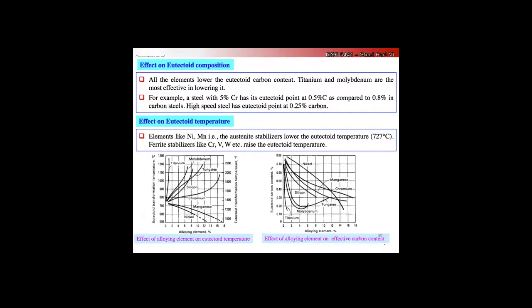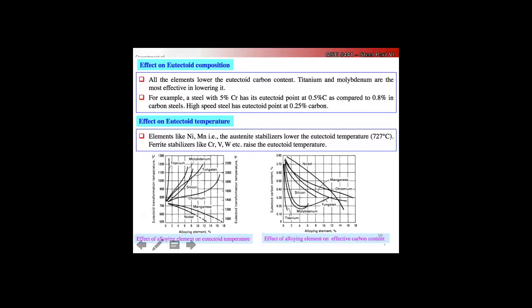So basically, no matter what we put in there, we're going to lower the eutectoid carbon content, right? Titanium and molybdenum are very effective at doing so, right? So for example, if we have 5% chromium, our eutectoid is 0.5% carbon.